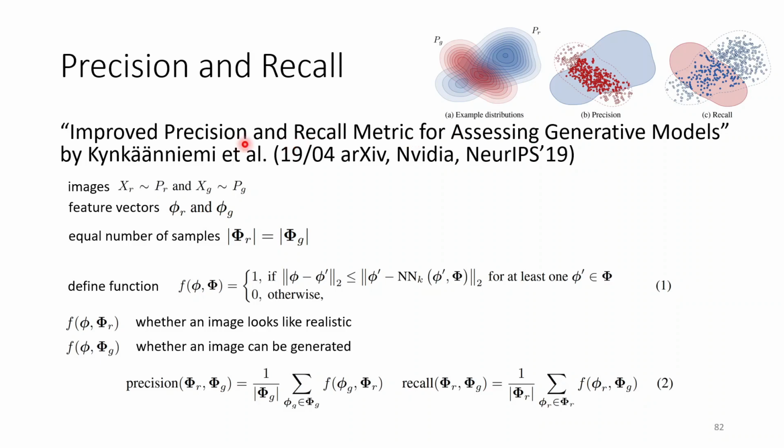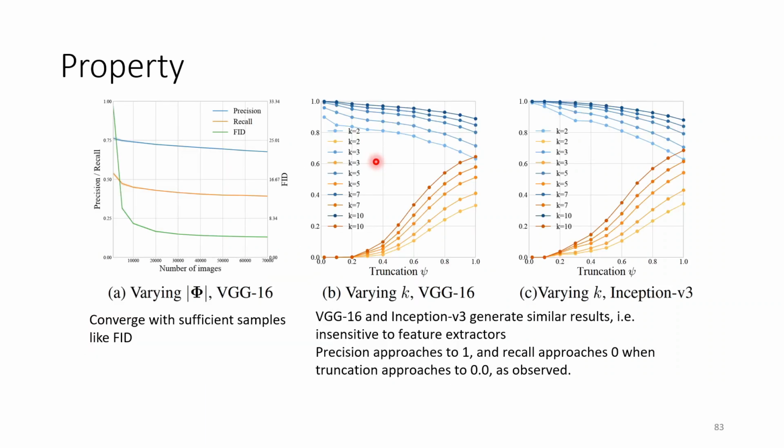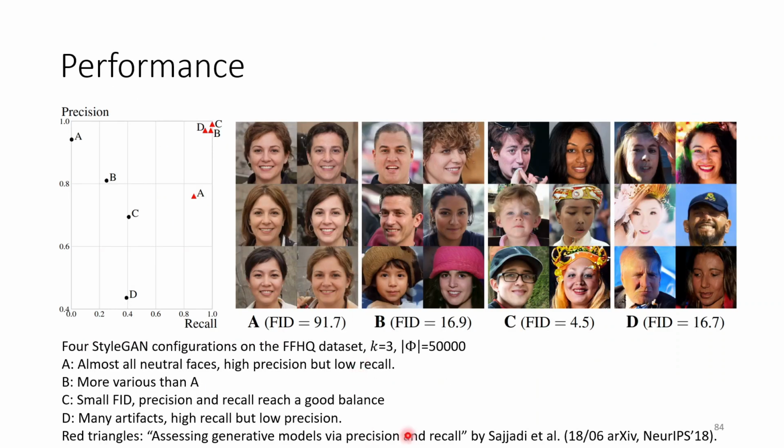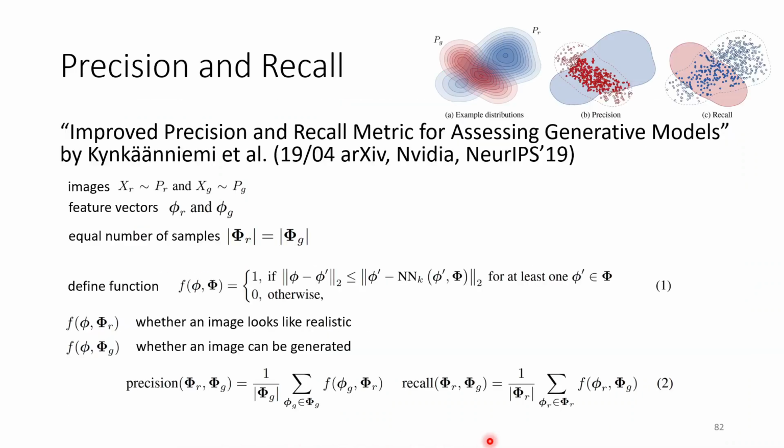This metric was proposed here. Before this paper, there is another paper, Assessing Generative Models via Precision and Recall. And this one is the improved version.